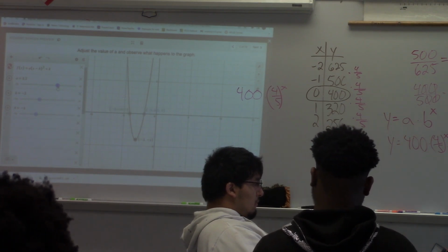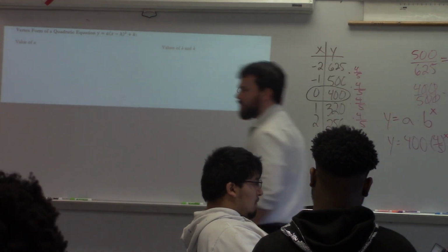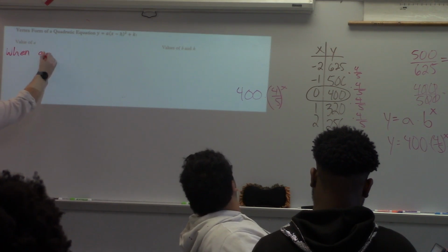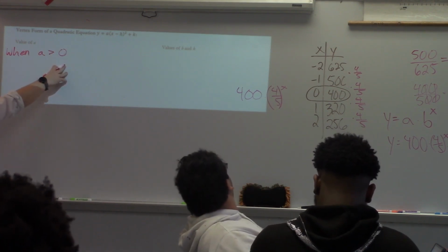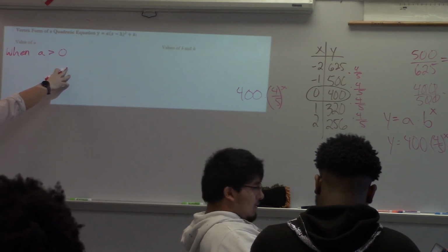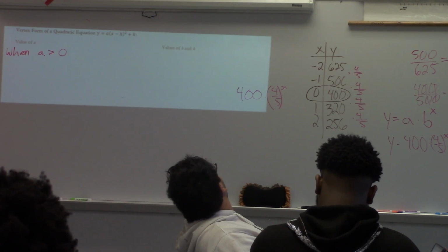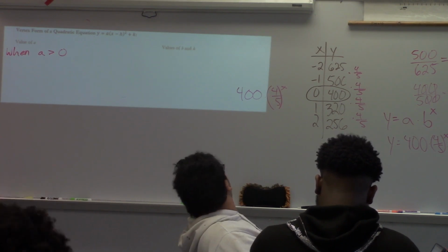So you should already have here under values of A. Did we talk about that notation yesterday? If A is greater than 0, what types of numbers are greater than zero?